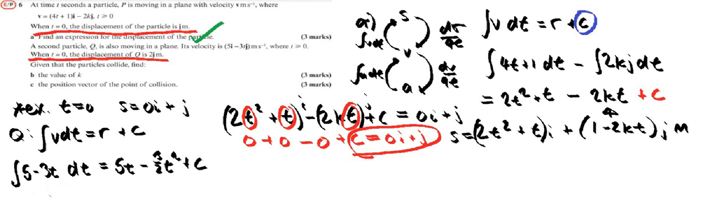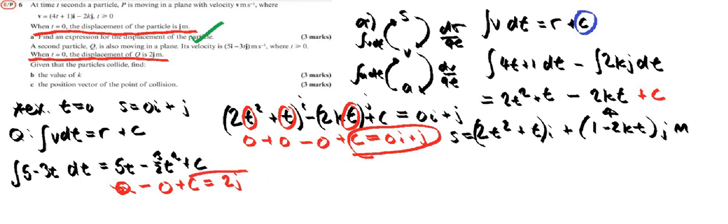So that's going to give me 5 times 0, which is 0, minus 3 over 2 times t squared, which is 0, plus c, and then that is equal to 2j.